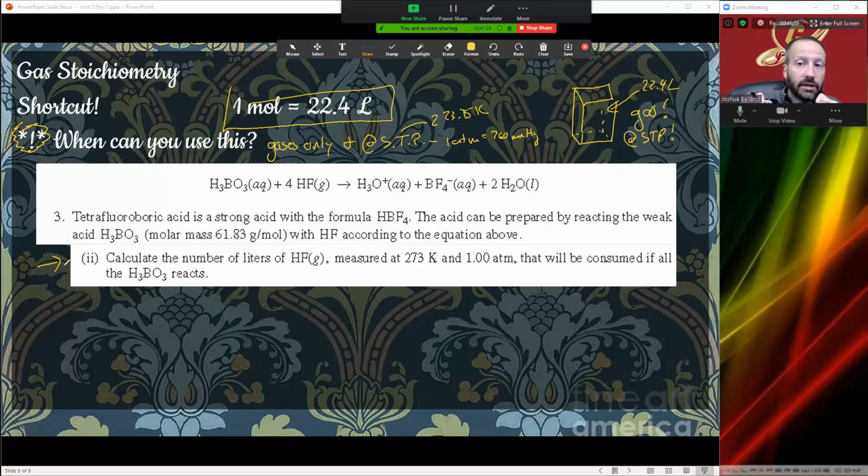Let's see if I need it. Calculate the number of liters that will be consumed if all the H3BO3 reacts. Okay, yes. I'm betting I'm going to use 22.4 liters.